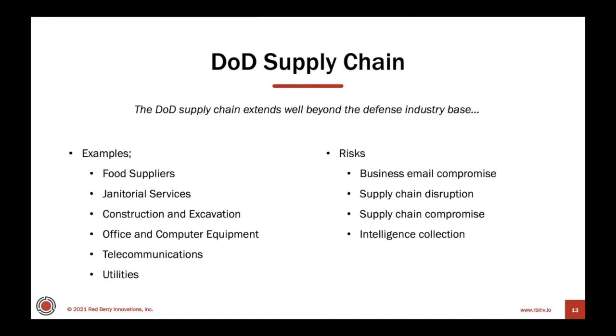Literally everything that keeps the DoD running is affected. Some examples we have here: food suppliers, janitorial services, construction and equipment, office and computer equipment, telecommunications, utilities. Those risks can include business email compromise, supply chain disruption, supply chain compromise, and most of all, intelligence collection by our adversaries.